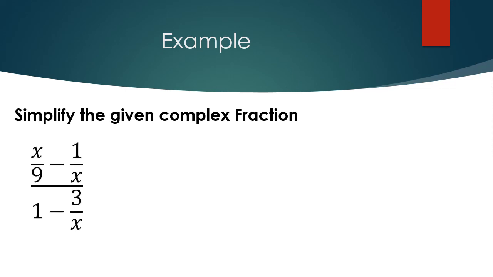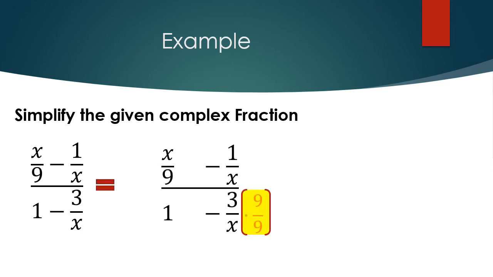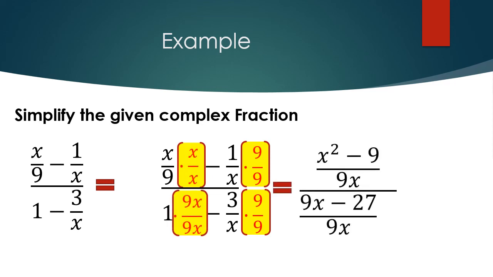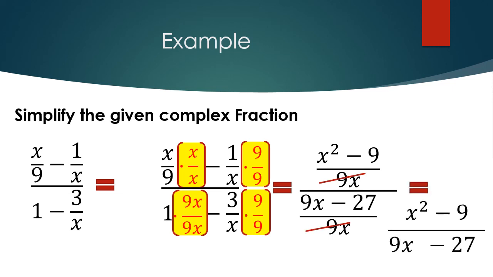Another example, my least common denominator is 9x. So we're going to change everything into the denominator of 9x. Therefore, we're going to get x squared minus 9 over 9x over 9x minus 27 over 9x. The 9x can be simplified. Now we're not done yet.